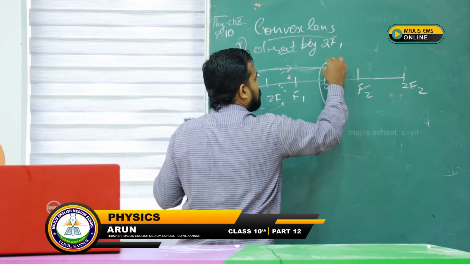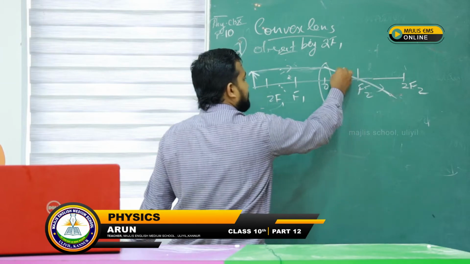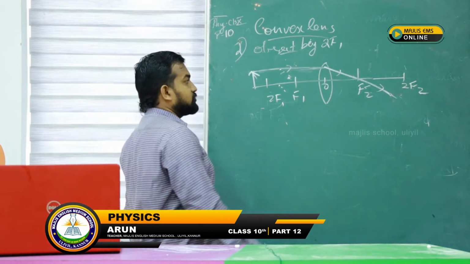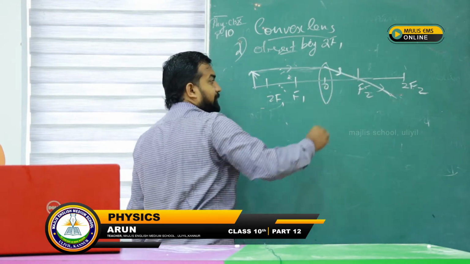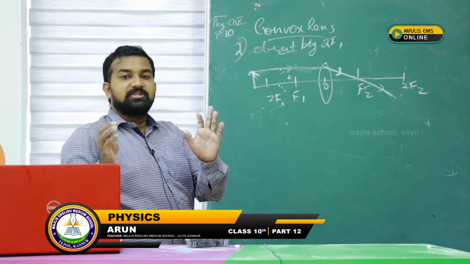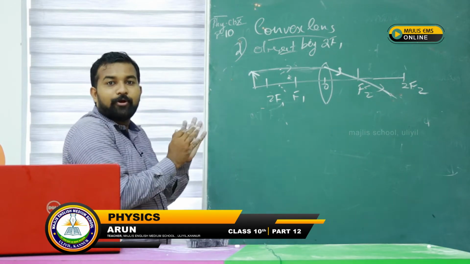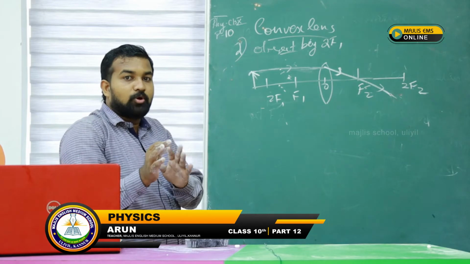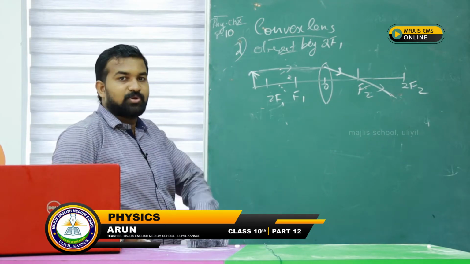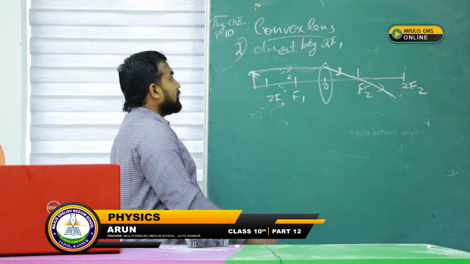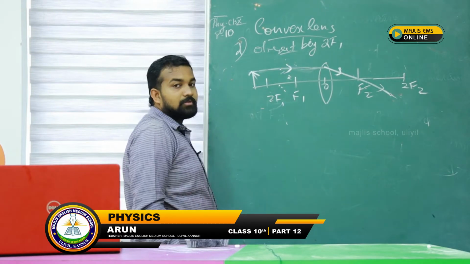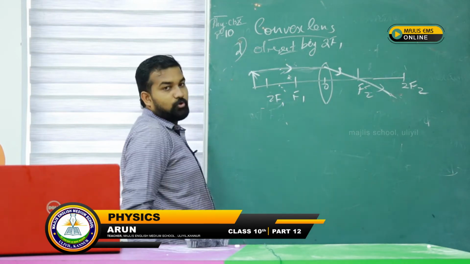You have to draw a straight line. I may not be drawing a straight line, but you have to. And there should be arrow marks also. I am repeating it because you will forget these small points in your exam, and that will cause your marks to reduce. So the parallel ray will move through the focus.